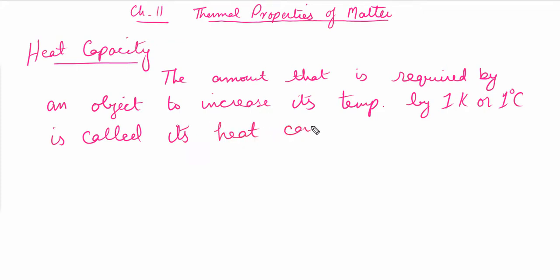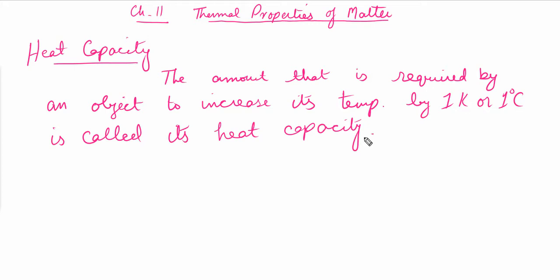Now we can consider the example of water and honey. Honey requires more heat to increase its temperature by 1 Kelvin or 1 degree Celsius as compared to the water. So we can say honey has more heat capacity as compared to the water.